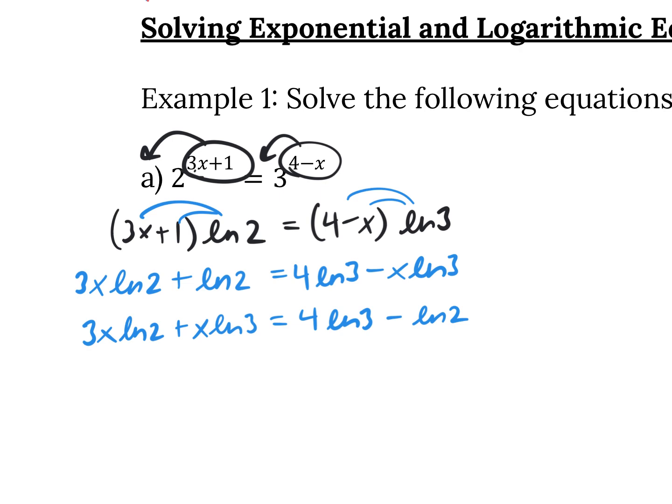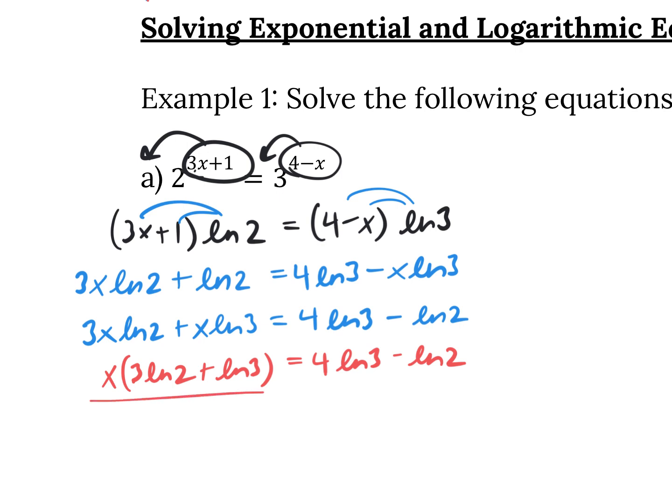Don't you divide by like 3 and 2? Yeah, we totally are going to divide, but we first need to take that x out. So let's take an x out of both of those terms on the left side. And now that I have my x by itself, I can do exactly what you're saying there of dividing by the 3 natural log of 2 plus natural log of 3 on both sides.